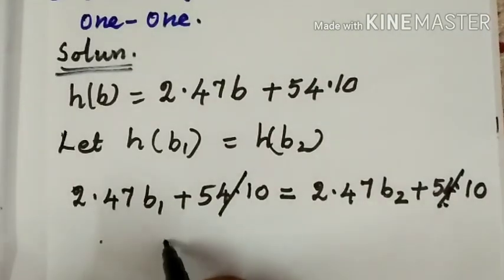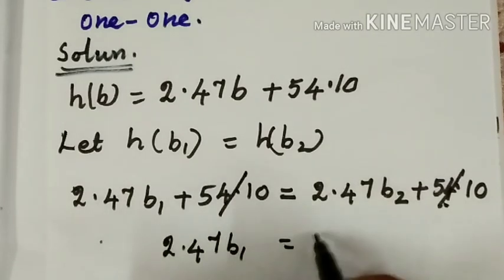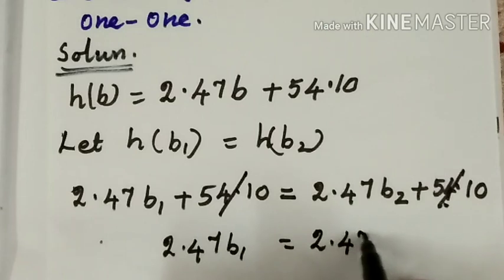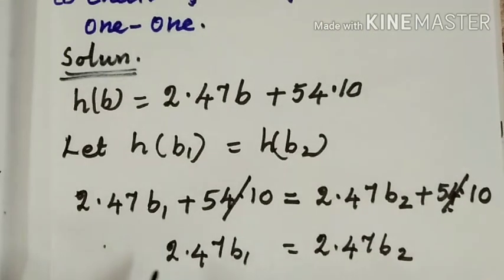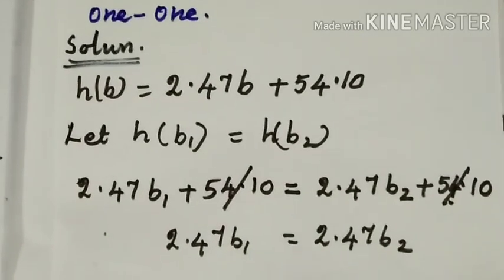So now 2.47b1 equal to 2.47b2. Here 2.47b1 is in multiplication form. So you take 2.47 after the equal means it becomes a division.